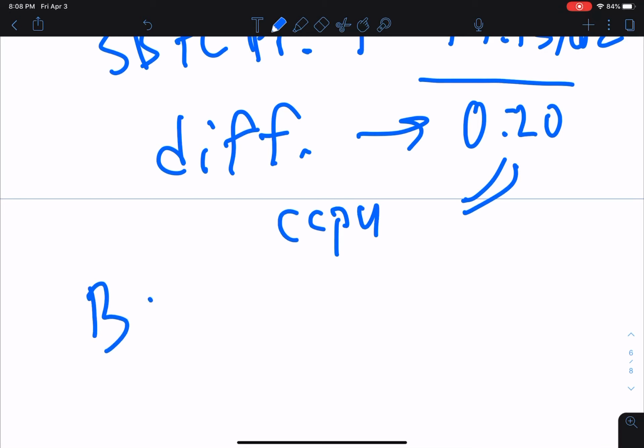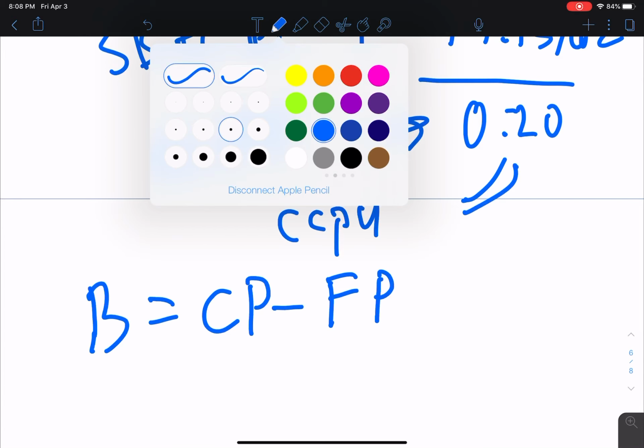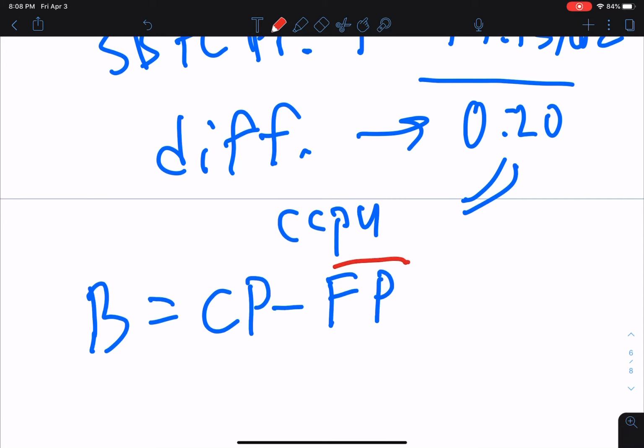Well, let's look at our formula for the basis. Basis equals cash price minus futures price. Okay, if we're going to engage in a series of trades that keep the futures price from getting too low, that's interesting. If we stop this price from getting too low, what we're doing then is we're keeping the basis from getting too high. Okay?